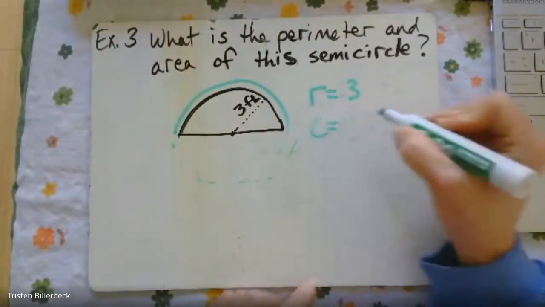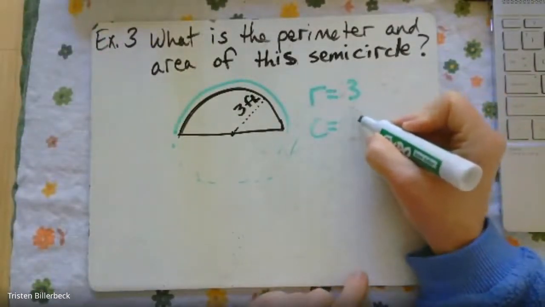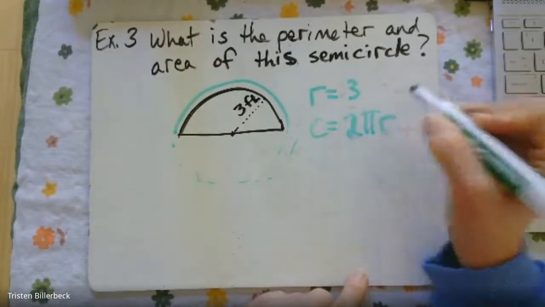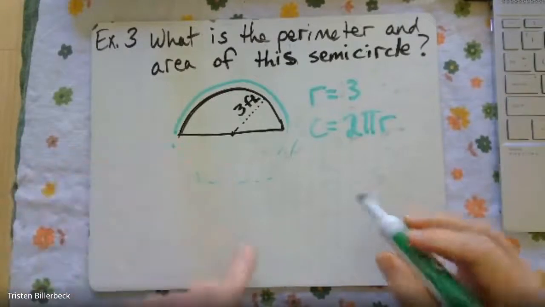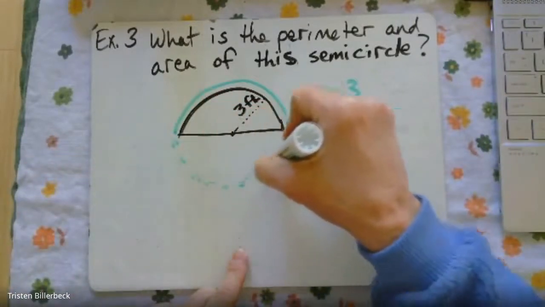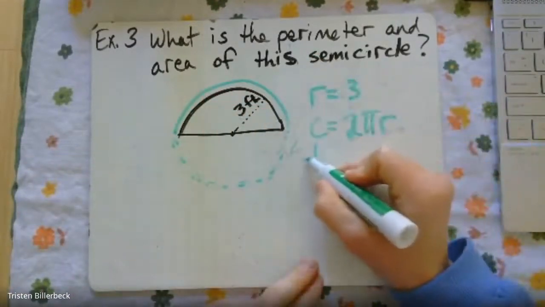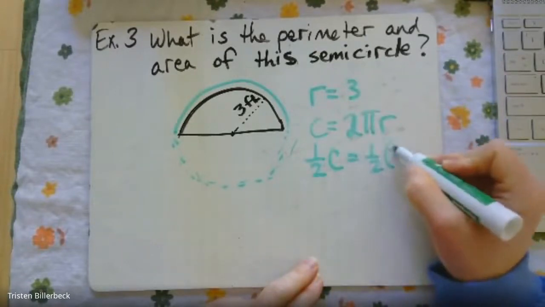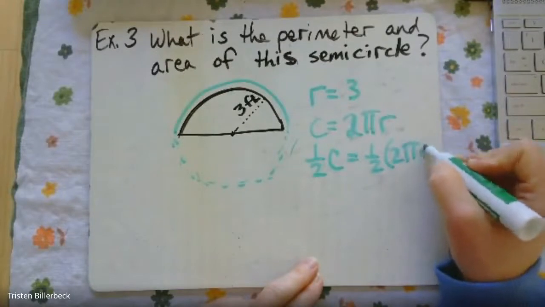The circumference is 2 pi r. But we're only doing half of the circumference. So half of the circumference and half of 2 pi r.